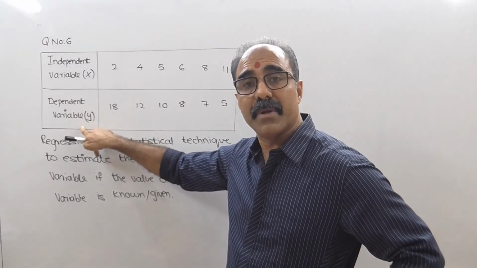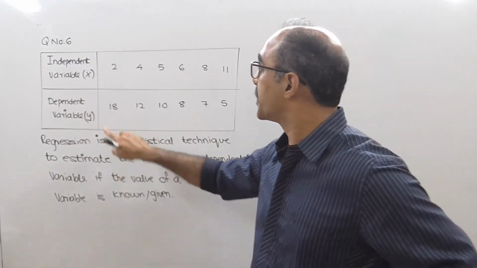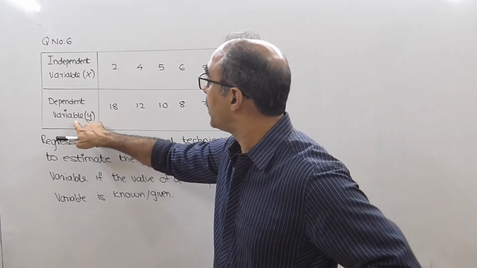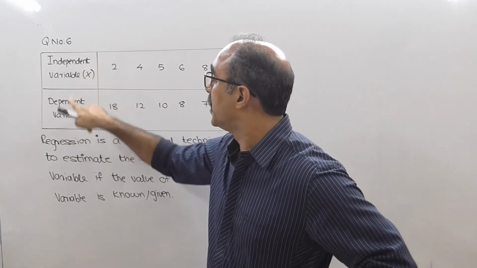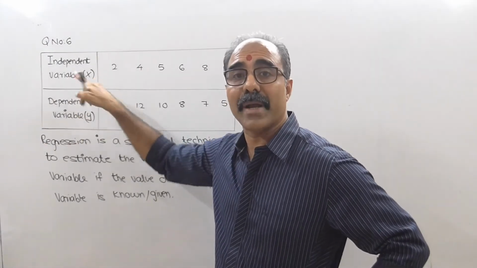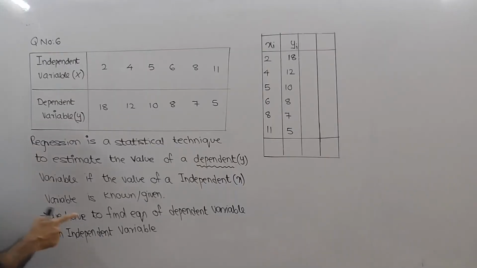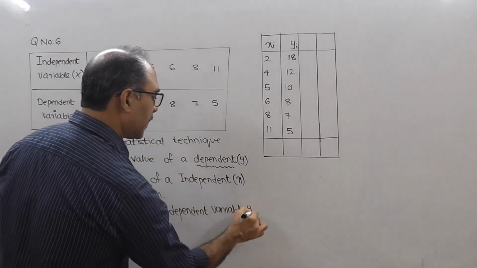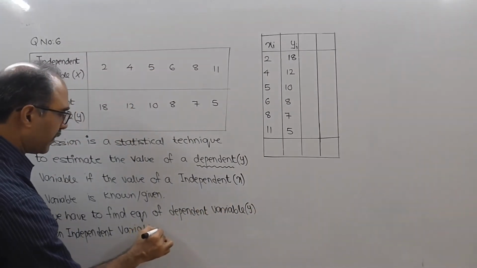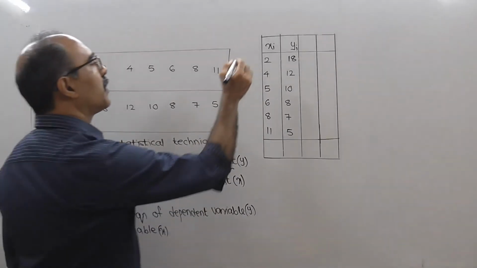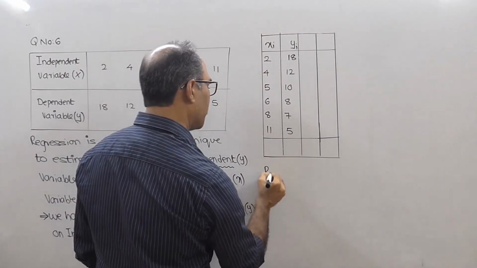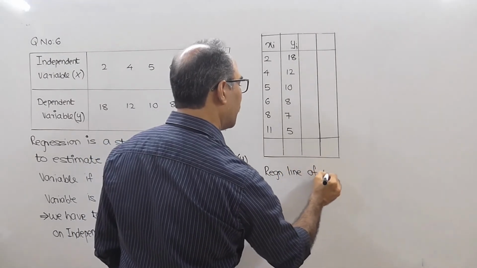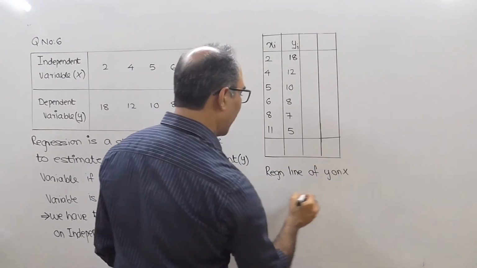If the dependent variable is y, you have to find the regression equation of that on the other one, that is regression equation of dependent variable on independent variable. So it will be the regression line of y on x. Therefore, we have to find the regression line of y on x.